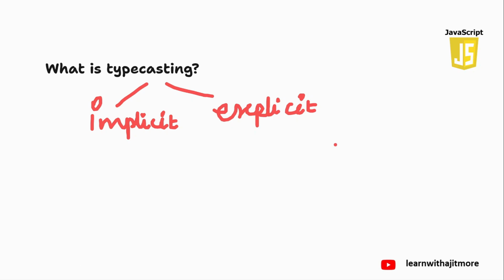And when the casting is done by the programmer by using operators or by some functions, there are some casting functions which I have used yesterday. Like for Boolean, I used Boolean, if you remember, or Number. For Number also, I showed you yesterday.